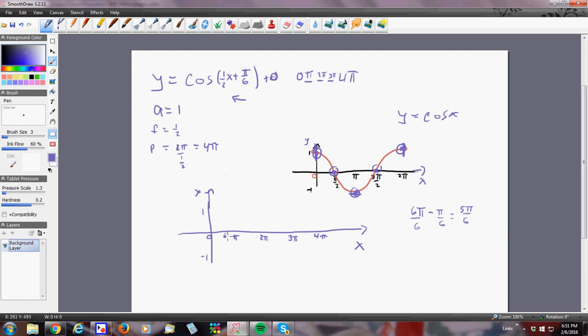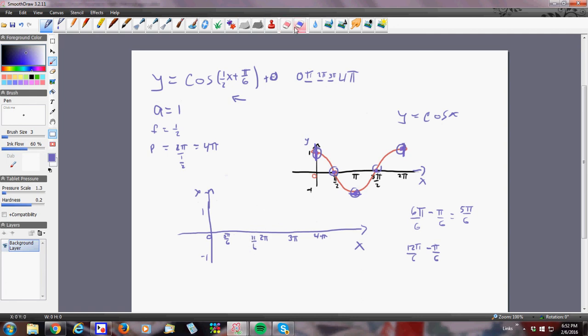Yes, Benjamin. So a guest appearance from my son, 5 pi over 6. And so I'm actually going to erase this. Yes, after this you may draw something. Yay! If I had 2 pi, and if I had 2 pi minus pi over 6, that would become 12 pi over 6, which gives me 11 pi over 6.